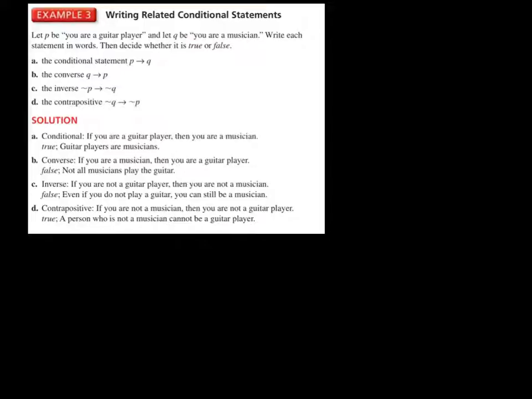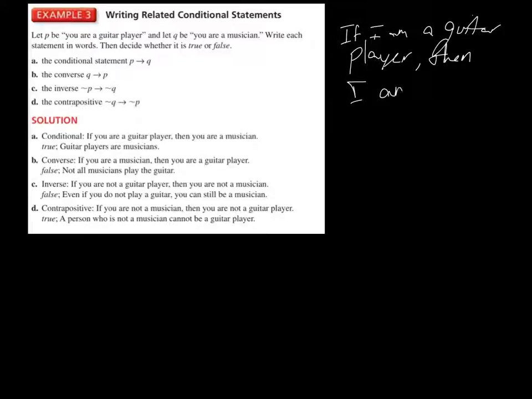So my hypothesis is I'm a guitar player, and then I'm going to say if I am a guitar player, then I am a musician. If you think about that conditional statement, you can tell whether it's true or false.